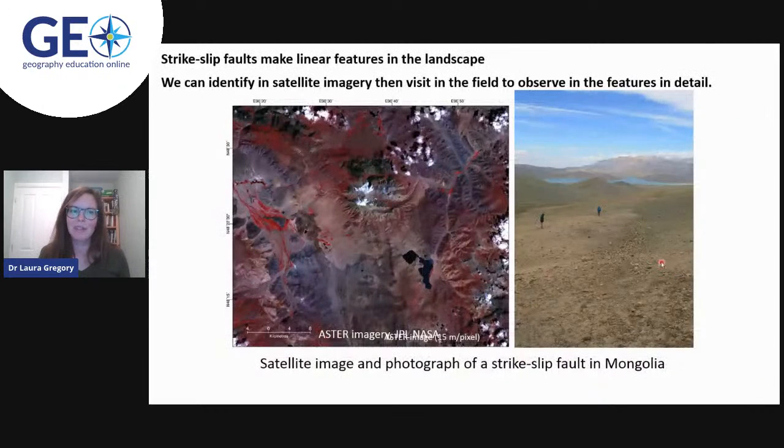So let's try and get our eye into what these things look like. Here we are back looking at Mongolia. This is a satellite image on the left from NASA, and this is a photo on the ground. This photo is taken from down here, and it's looking off towards a mountain here. This is a big lake in blue. The colors are false color.